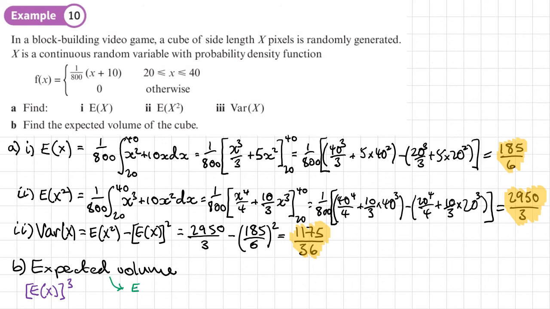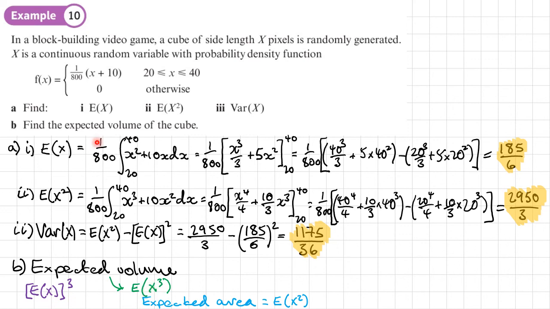Expected volume, and how do we find the volume? X cubed. So if we had a question that said what's the expected area, we would go about it by saying the expected area, rather than taking the length and squaring the expected area. That gives me the area. So for this, we want E of x cubed.